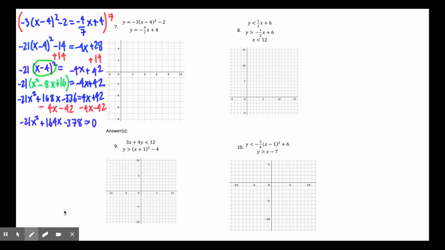Turns out that if you graph this one, it has a vertex of (4, -2), and then you graph this one, plus 4, and then -4/7 is down 4/7.